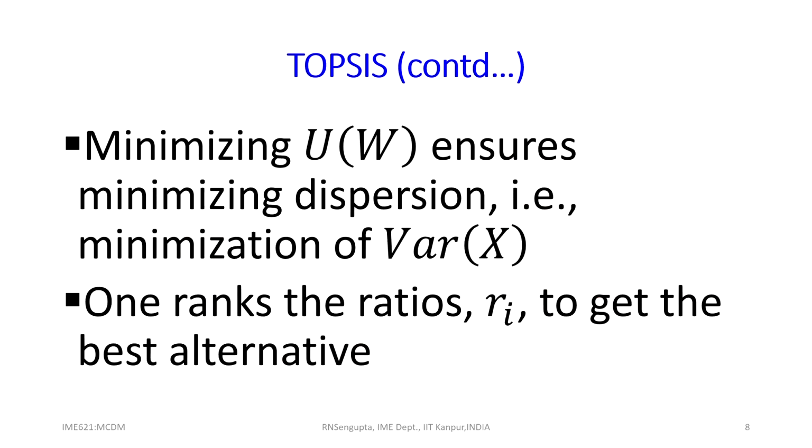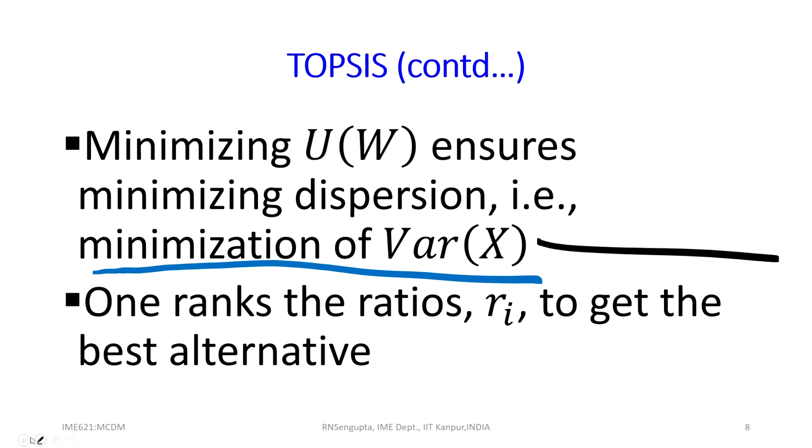We already are aware that minimizing utility ensures minimizing the distance, because you are trying to minimize the variance, and this is what is given. Minimization of the variance is very important, the lower it is. So, if I consider this is one distribution and this is the second one.